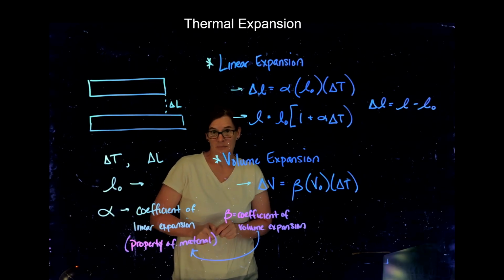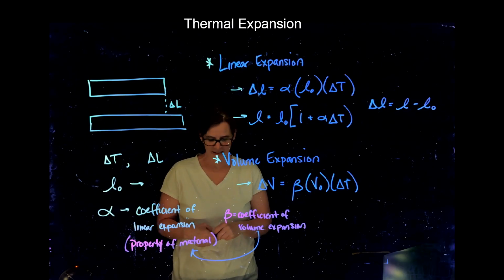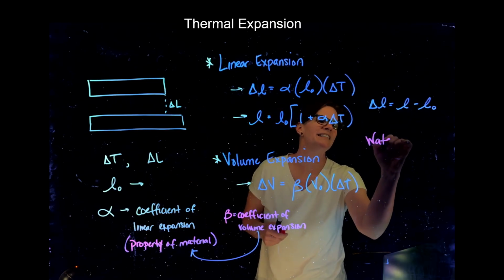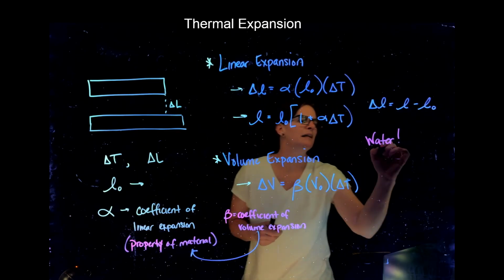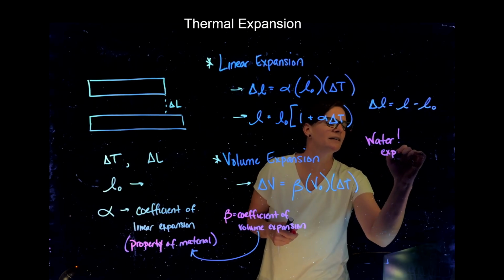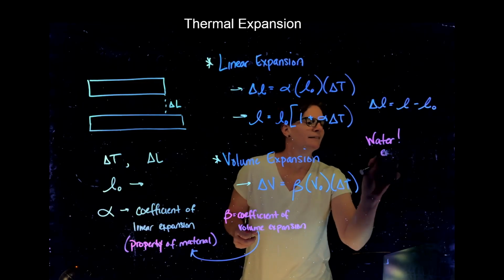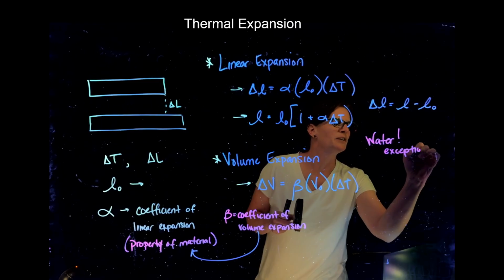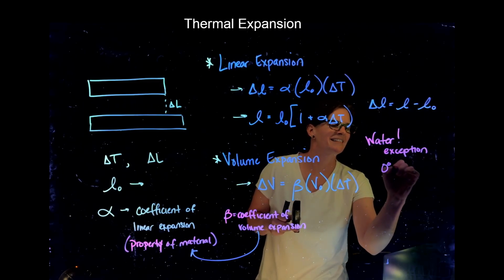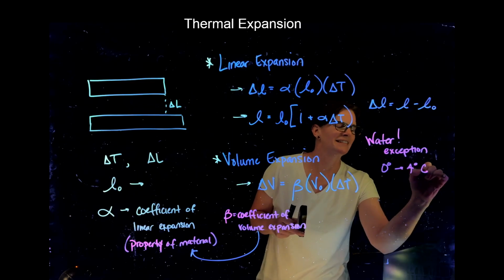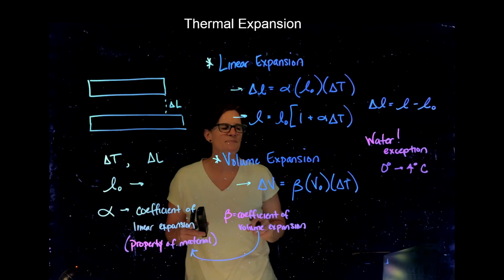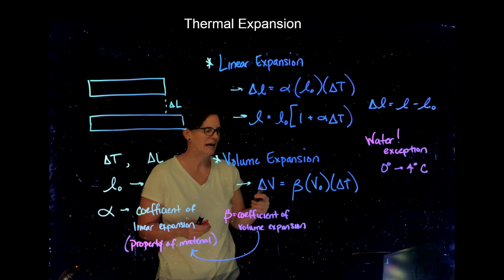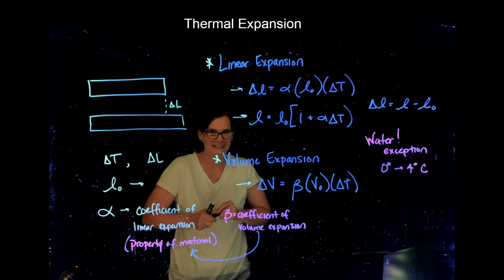Of course, there's one exception to the rule. There always is, right? One exception to the rule, and that's water. I'm not going to go into a lot of detail about water's exception, but it has one, particularly between 0 degrees and 4 degrees Celsius. It's right at that freezing point, okay? At that freezing point, when water is heated up between 0 and 4 degrees, it actually decreases in volume.